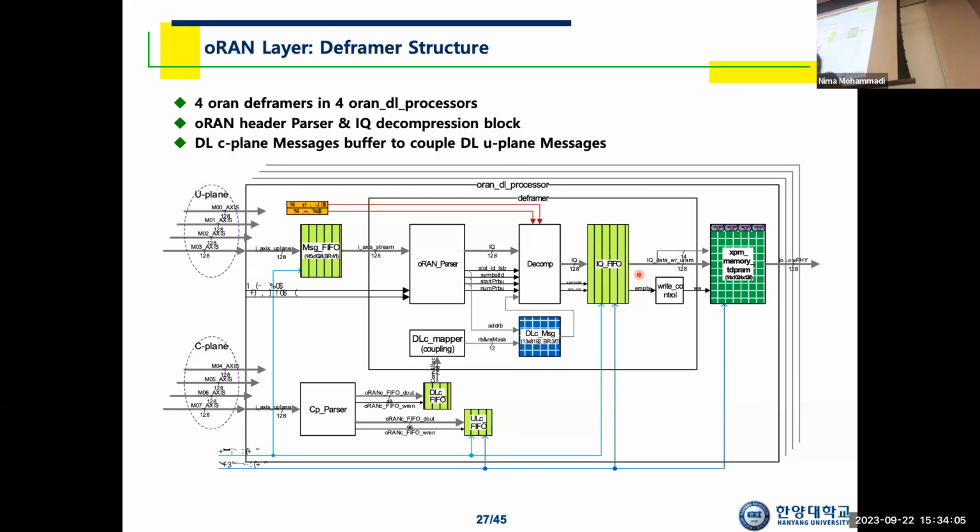Okay. This is how I made the ORAN deframers. Okay, when a packet is coming from ODU to ORU for downlink, ODU is sending you a packet. When you receive the packet from ODU, this is a physical layer packet, meaning that this is an Ethernet packet.